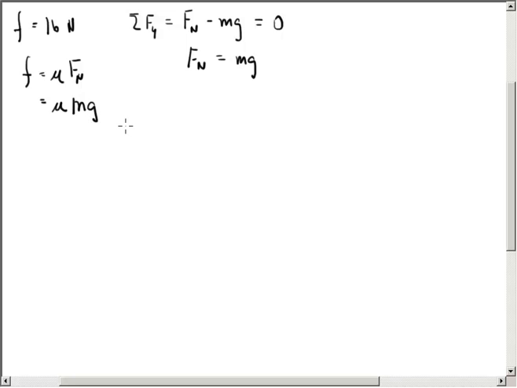Well, what is the mass times gravity? That's simply equal to mg, which is 5 kilograms times 9.8, and that's equal to 49 newtons.